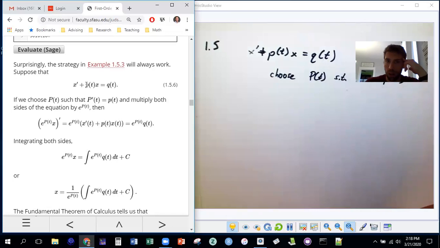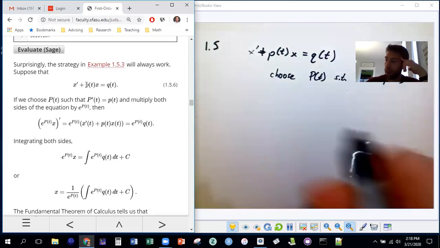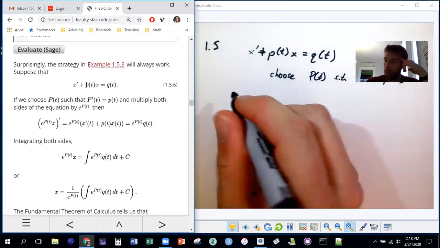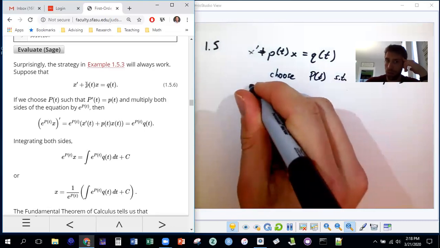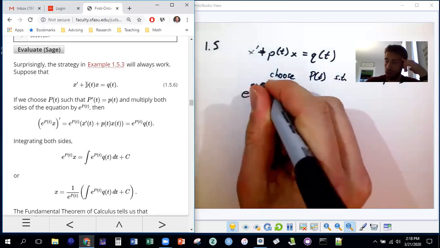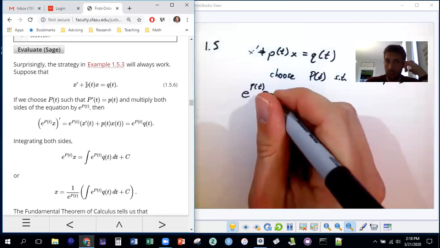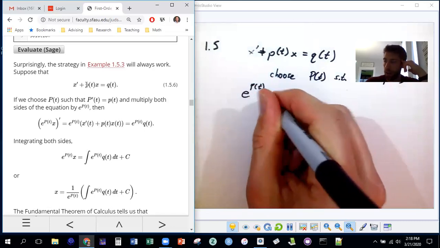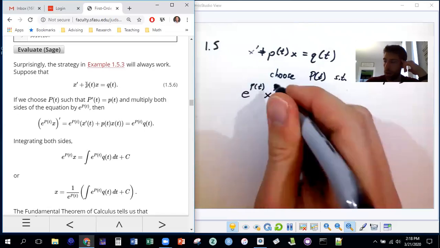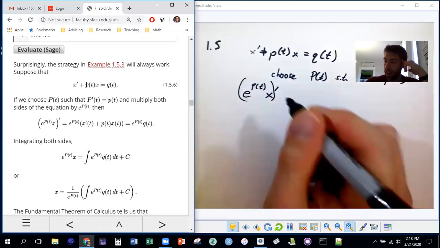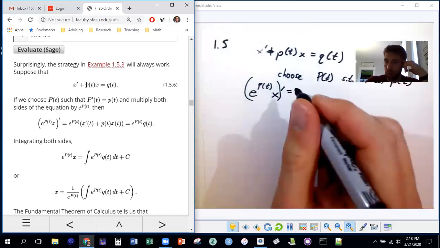Okay, and then multiply both sides by e to the power of capital P of t. And then notice that the derivative of that is product rule.